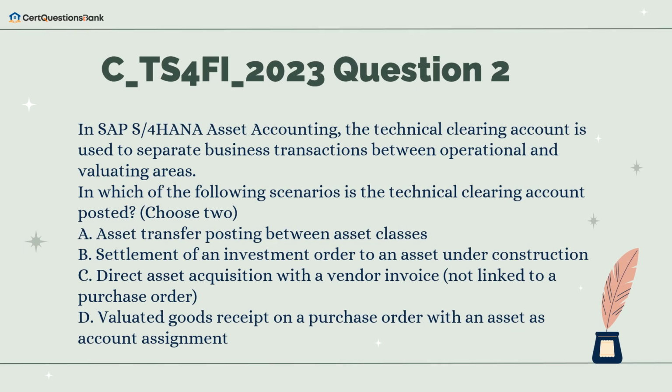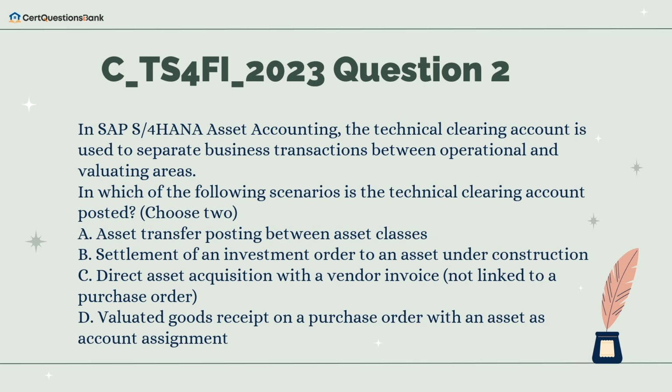In SAP S/4HANA Asset Accounting, the technical clearing account is used to separate business transactions between operational and valuating areas. In which of the following scenarios is the technical clearing account posted? Choose 2. A. Asset transfer posting between asset classes.